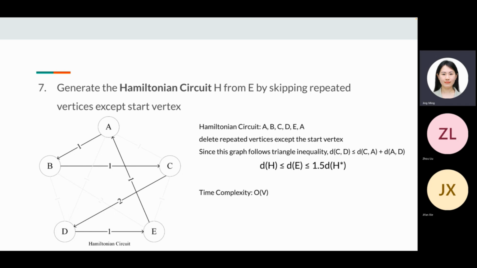And this step takes linear time. And so the approximation ratio of this Christofides algorithm is 1.5, and finding the minimum weight perfect matching takes cubic time, which is the outer bound in the whole procedure. So the Christofides algorithm has cubic time complexity.